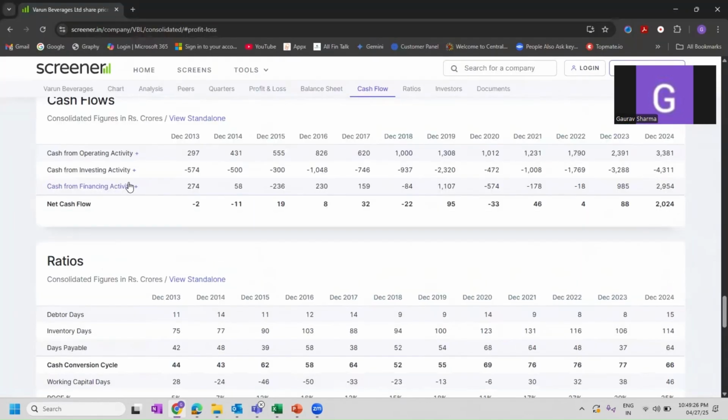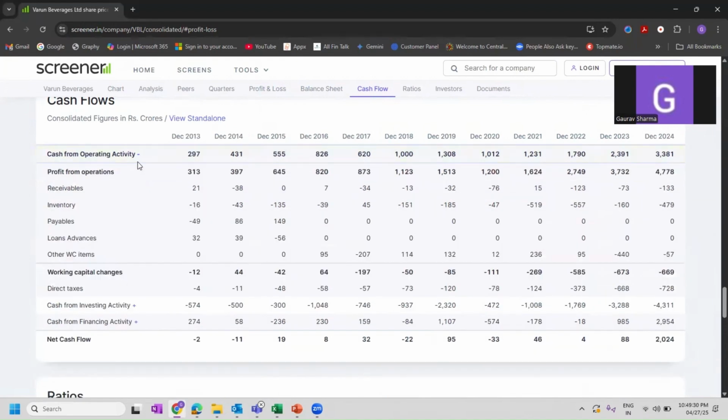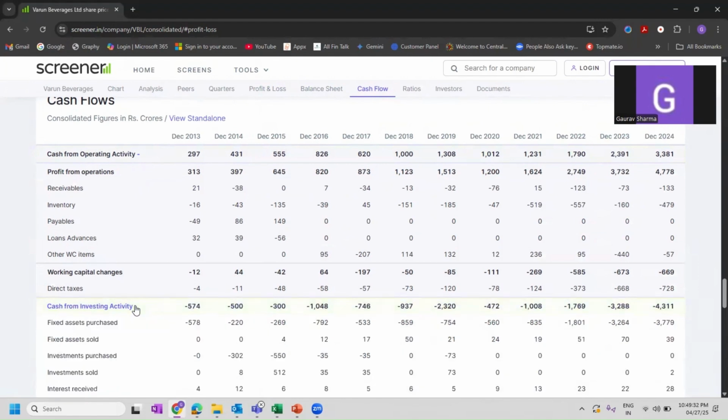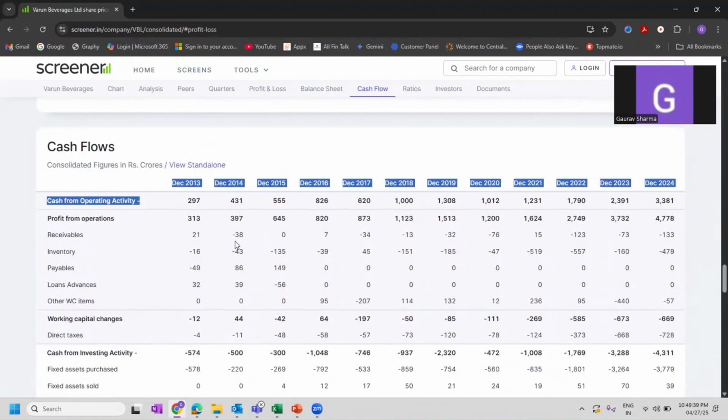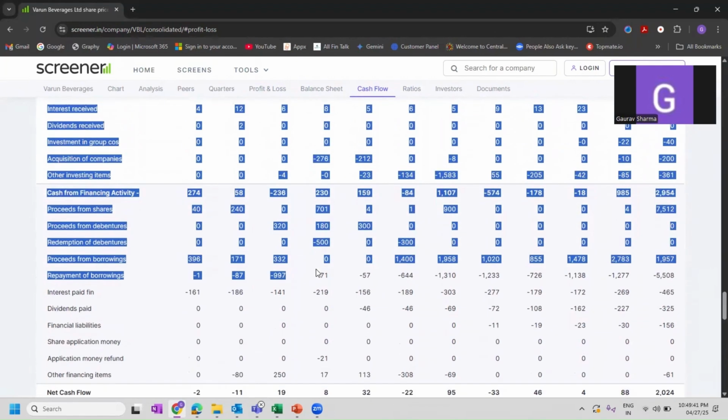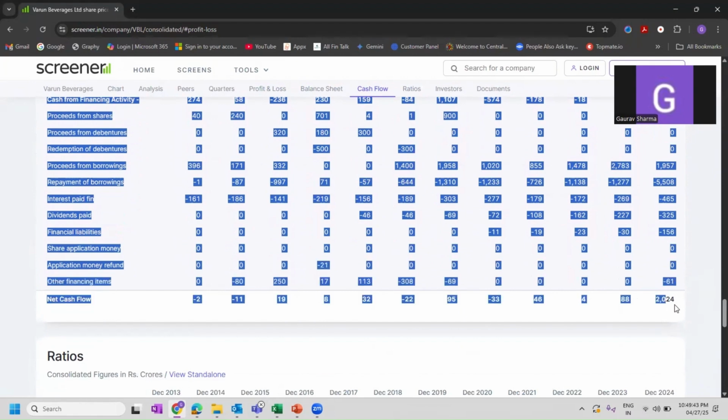Then let's copy the cash flows. I'll expand the cash flow, then copy it. All the way.